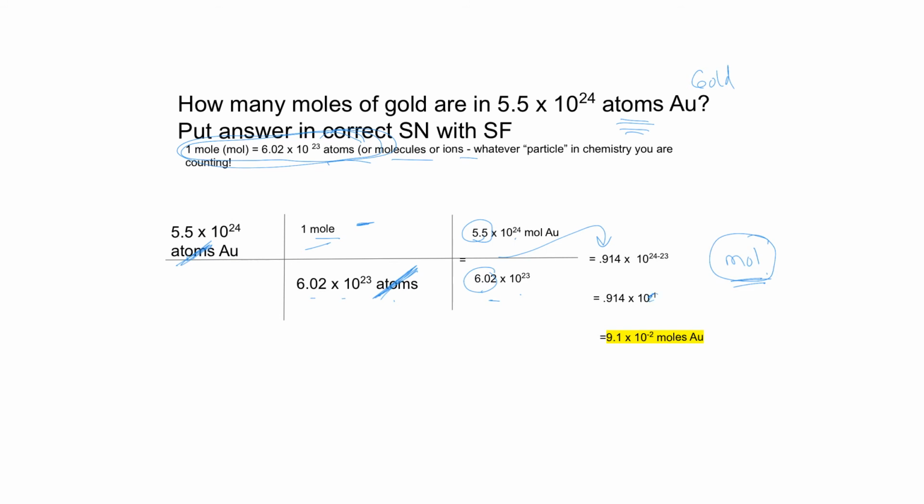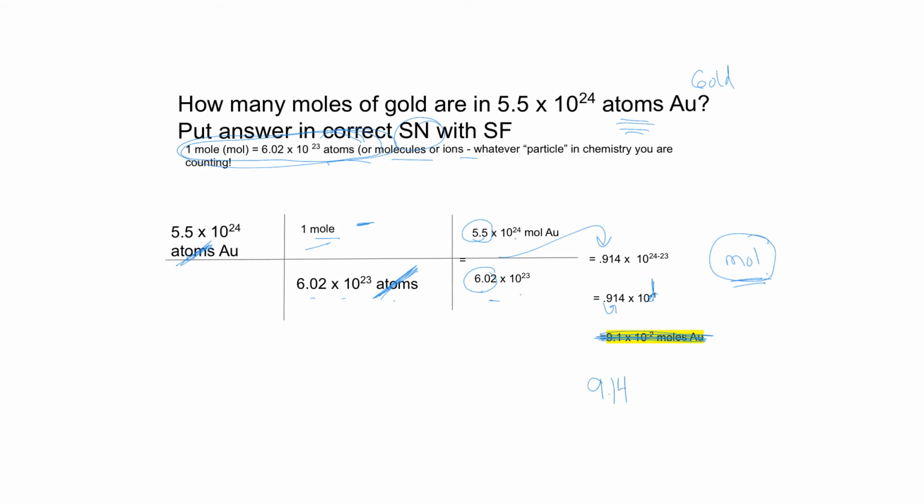And this, oh, I just see I made a mistake here. This is 10 to the 1, right? 24 minus 23 is 10 to the 1. So good, I'm so glad I made a mistake because that's going to help us here. All right, so I have to put the number in scientific notation. So I'm going to move this decimal over. I'm going to make this number bigger, right?